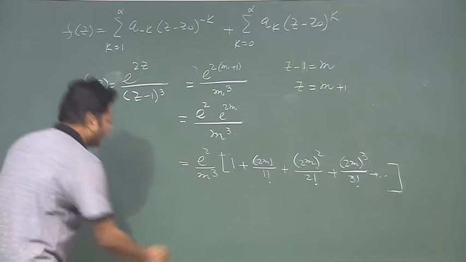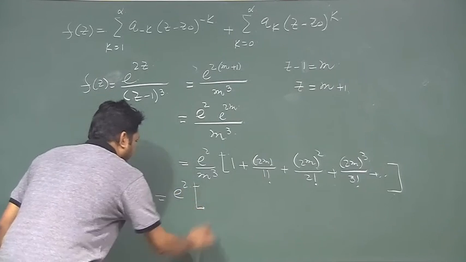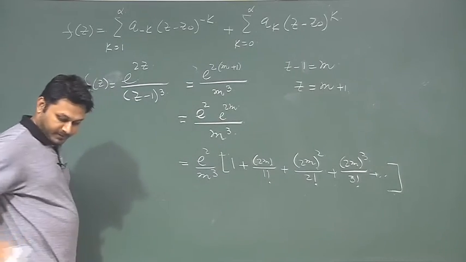Now, if I write e to the power 2, the first term is e to the power 2 every time.